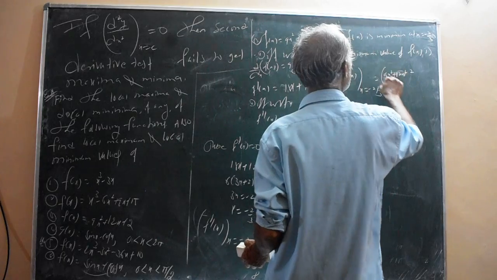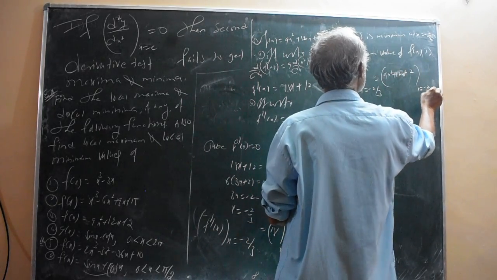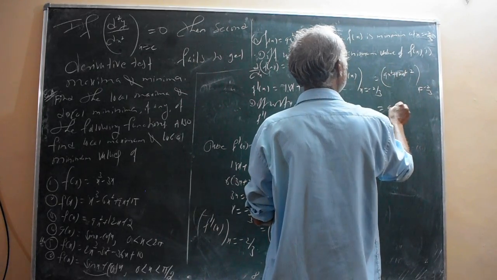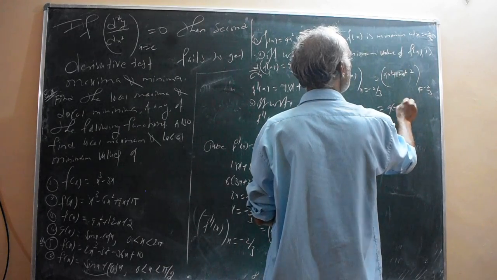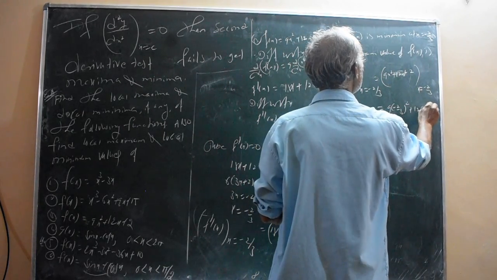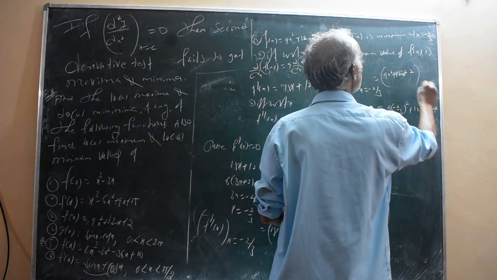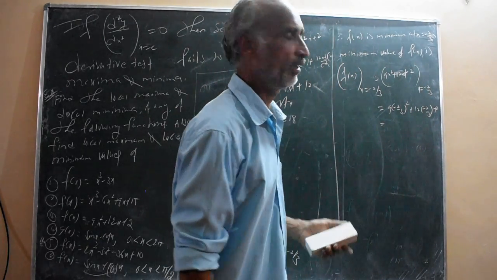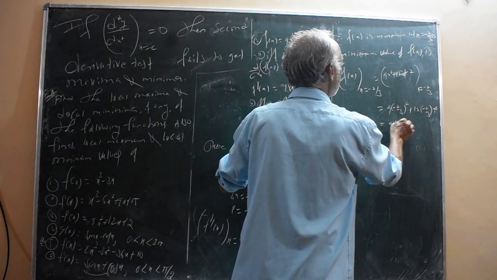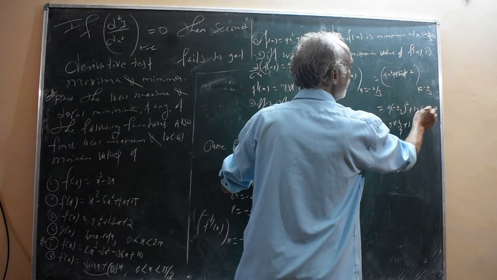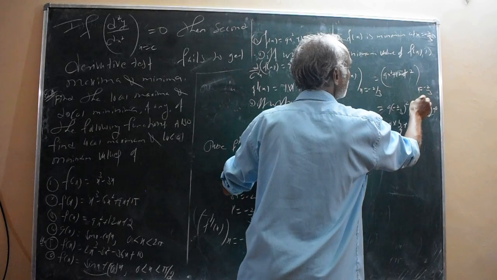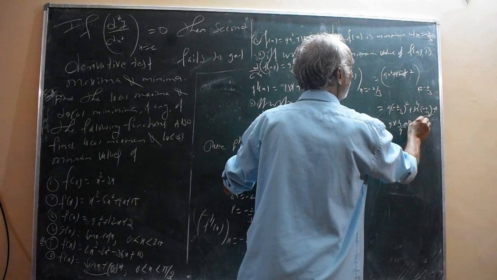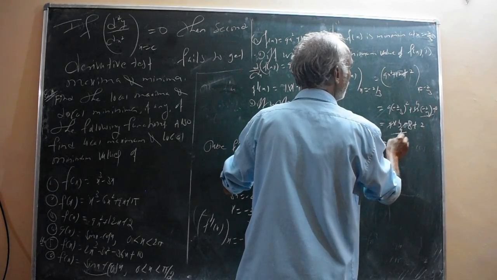That equals 9 into minus 2 by 3 the whole square, plus 12 into minus 2 by 3, plus 2. Minus 2 by 3 the whole square is 4 by 9, so 9 into 4 by 9 is 4. Then 12 into minus 2 by 3 is minus 24 by 3, which is minus 8, plus 2. The 9s cancel: 4 minus 8 plus 2.